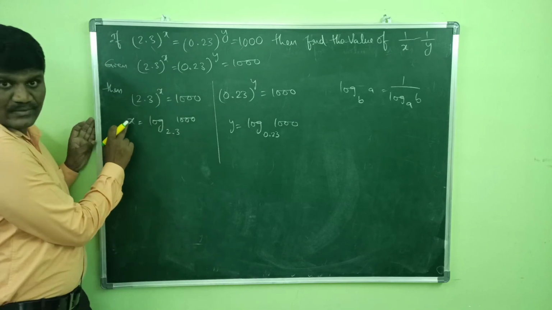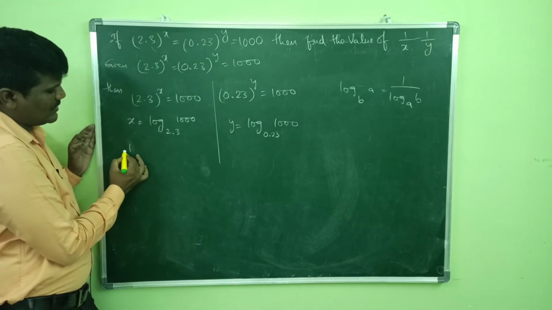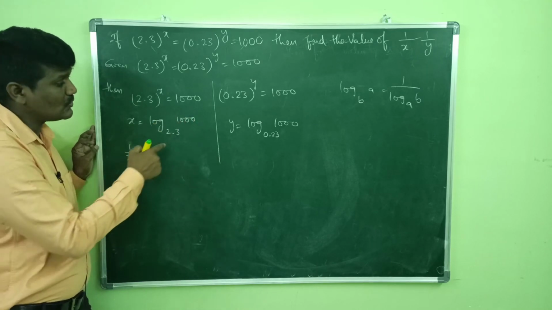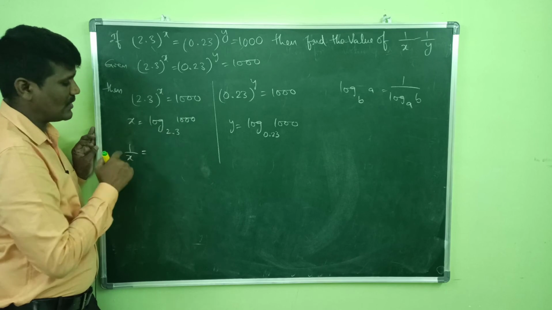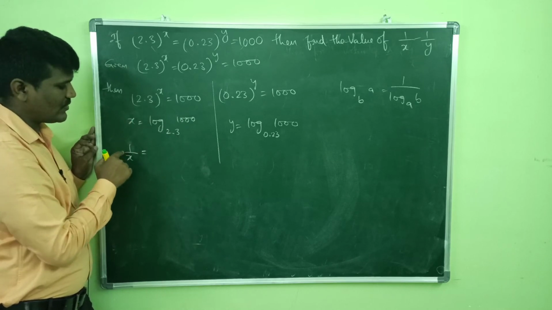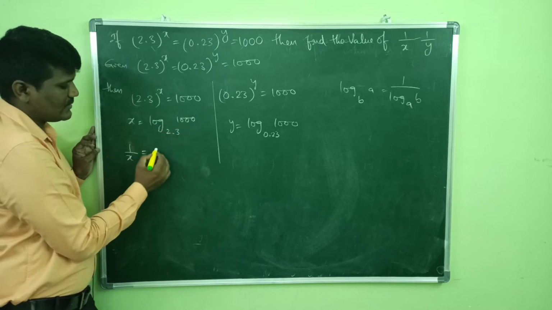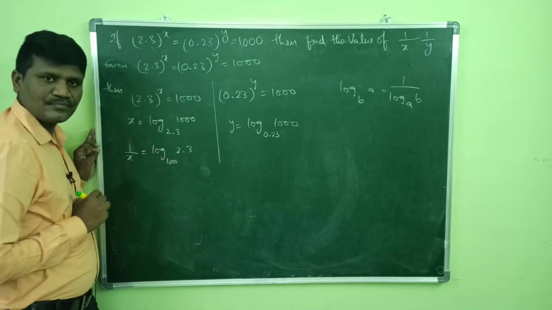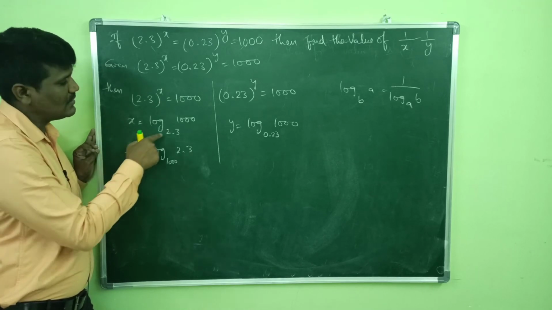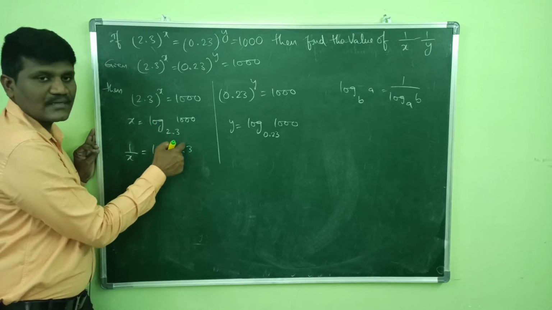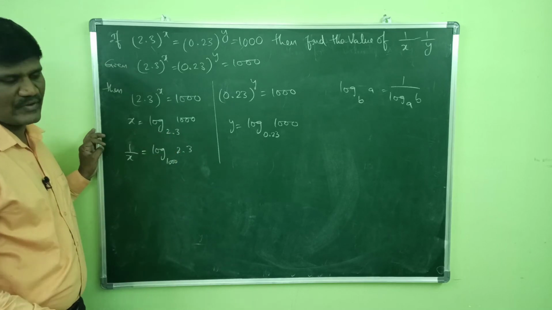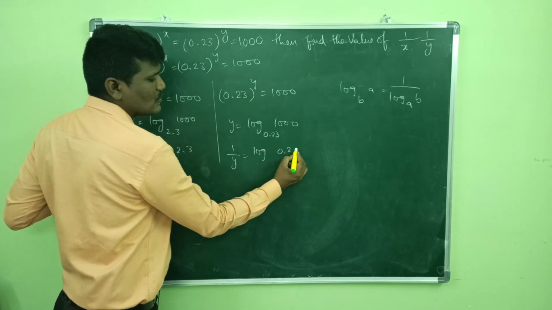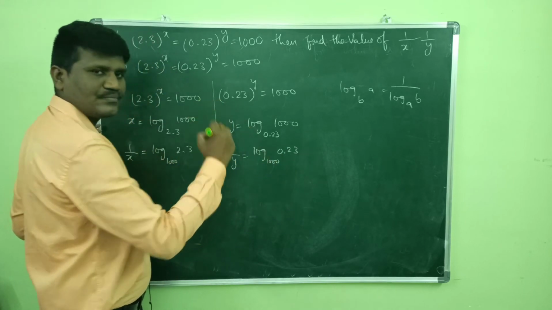Okay, so if I write the reciprocal of x, if it is 1/x, I should change the log value and the base value, because I am writing the reciprocal on the left hand side. In the same way I should write on the right hand side log 2.3 to the base 1000, because I am writing the reciprocal on the left hand side. What is the reciprocal? It is interchanging the base and the log value. In the same way here 1/y is equal to, I can write log 0.23 to the base 1000.